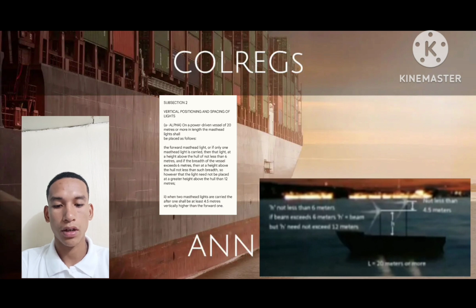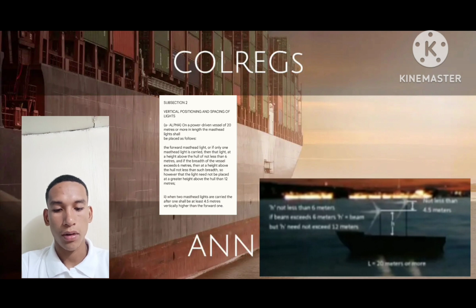The forward masthead light, or if only one masthead light is carried, then that light, at a height above the hull of not less than 6 meters. And if the breadth of the vessel exceeds 6 meters, then the height above the hull not less than such breadth, so however that the light need not be placed at a greater height above the hull than 12 meters.